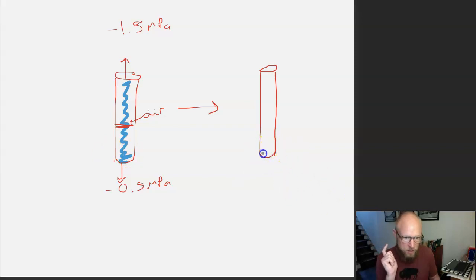I don't know if this is going to be a big enough difference. All right, that looks like air. Now this is air filled. Now this vessel is full of air, not transporting water. And this is referred to as an embolism.